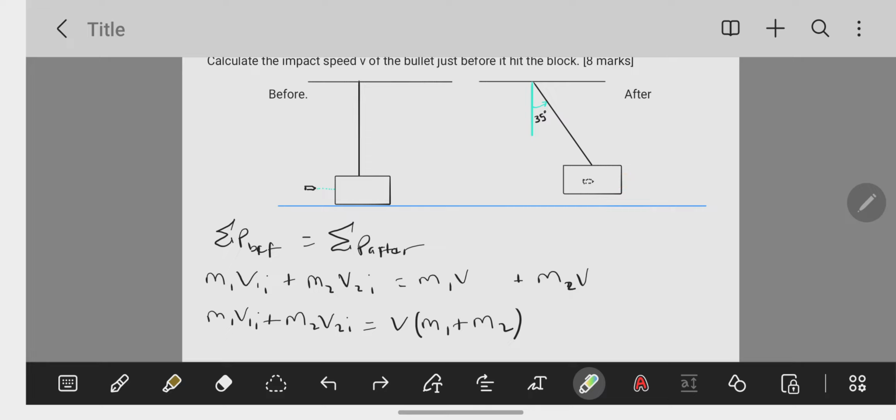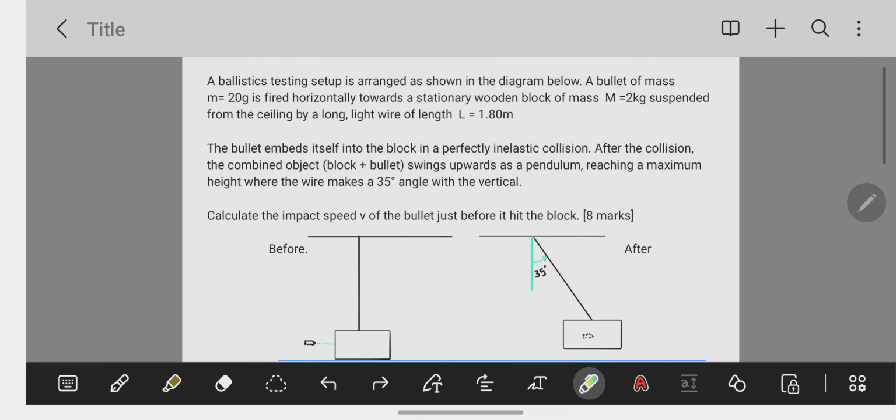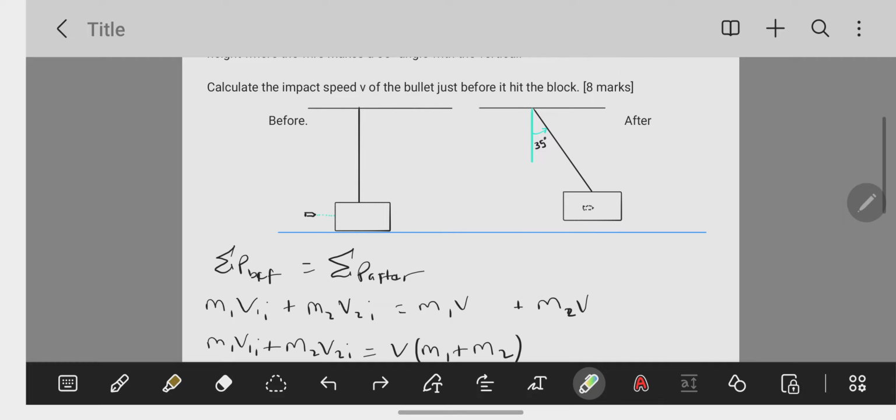Because it's a pendulum, we can always consider the conservation of mechanical energy. A pendulum is treated as an isolated system because we normally don't take air resistance into account. In this case, we do not take air resistance into account, so this is a perfectly isolated system.